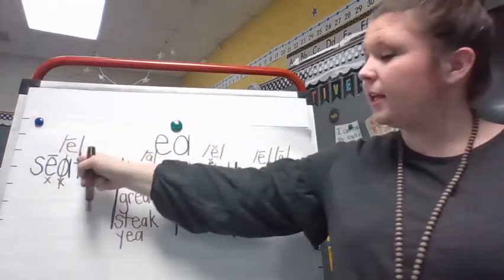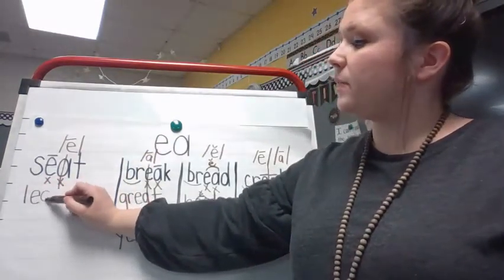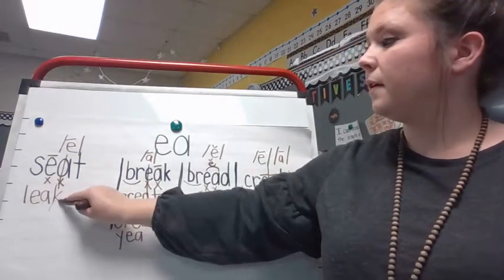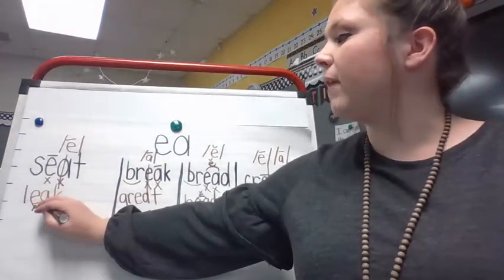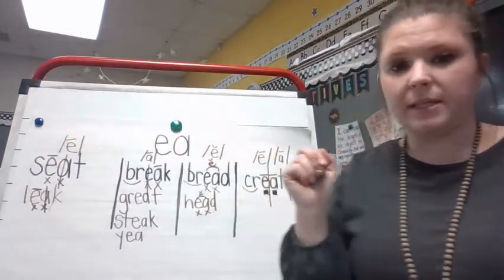Yeah, we hear the long E. That long E is going to be spelled E and A. Okay, now we're going to prove that word. Here we have that adjacent vowel rule. Okay, the second vowel is silent and that first vowel is long.